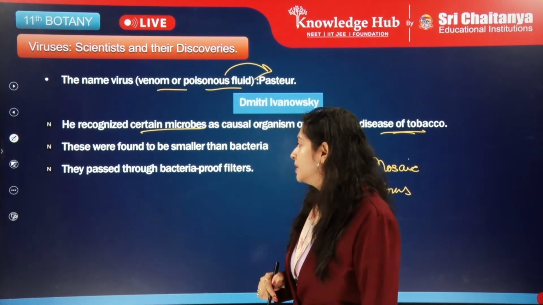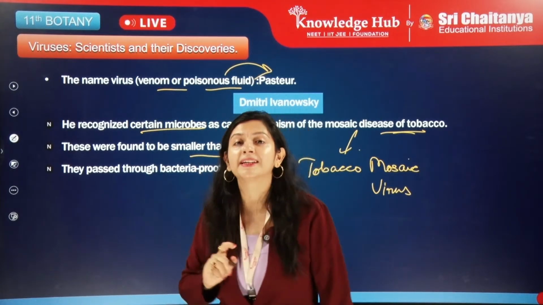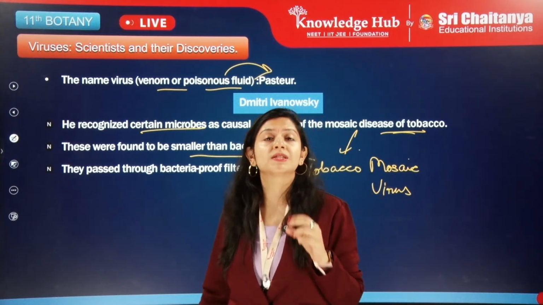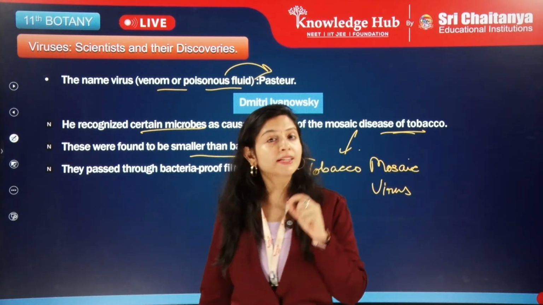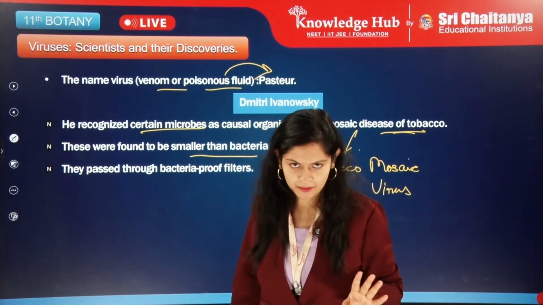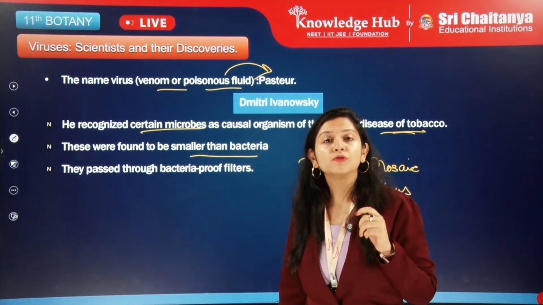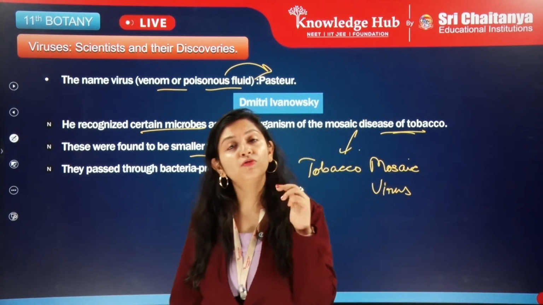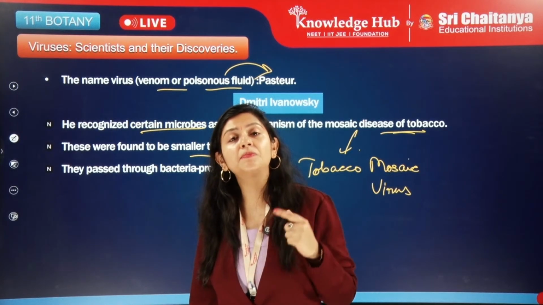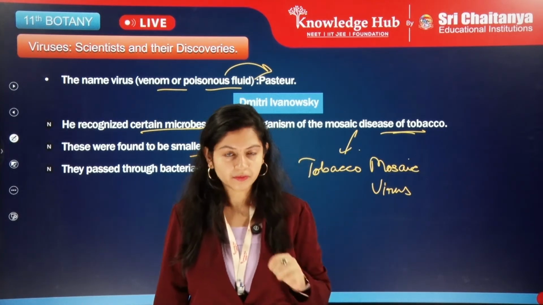Next, these were found to be smaller than bacteria, so they could easily pass through the pores meant for bacteria. Size-wise, they are much smaller than bacteria. We'll learn more about this because some viruses act as bacteriophages, parasitizing the bacteria.